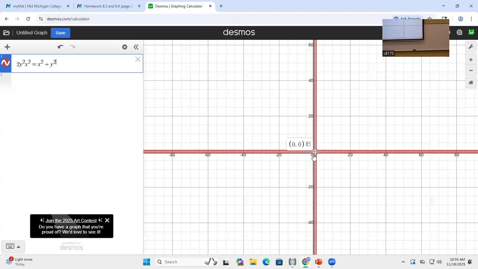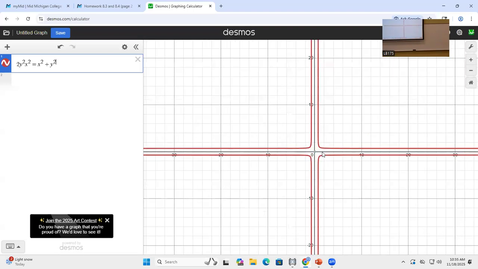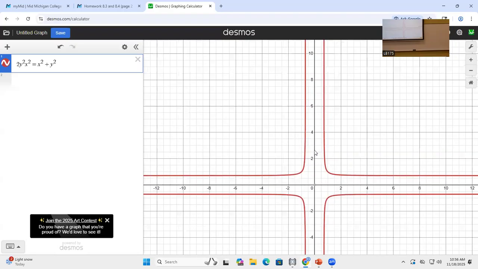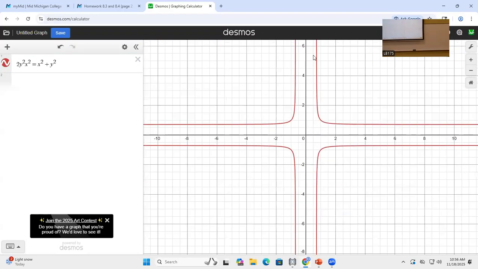I get this weird looking shape there. You see that? So it's basically kind of in all four quadrants moving around that way.